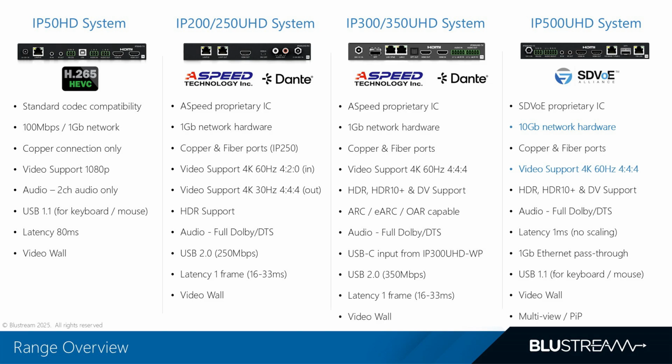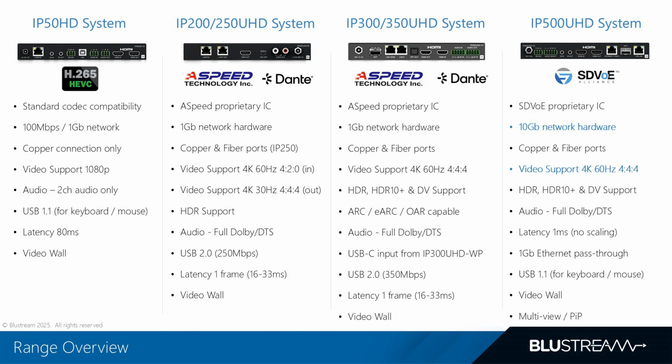The IP500 UHD delivers near bit-for-bit reproduction of the original HDMI source. Ultra-low latency, ideal for real-time applications like live events, control rooms, esports, and broadcast-level environments. The IP500 UHD series is engineered for projects where image integrity, speed, and professional-grade performance are absolutely critical.